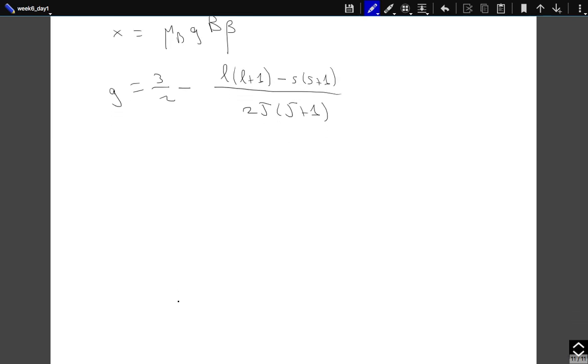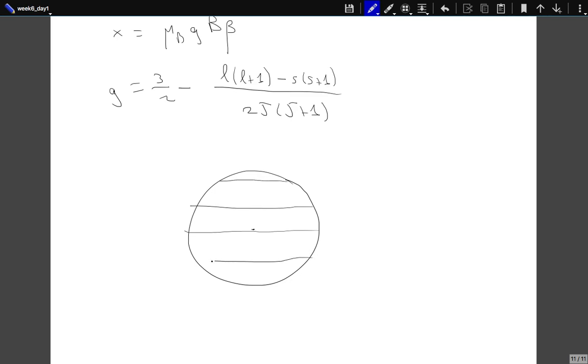Now, you see, for a given value of J, the possible orientations of the angular momentum, let's say this is our sphere of radius J. The Jz can only take either 0, it can be along this line, let's say this corresponds to the case J is equal to 2.